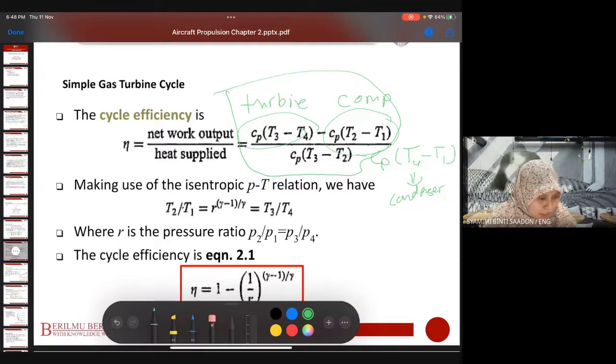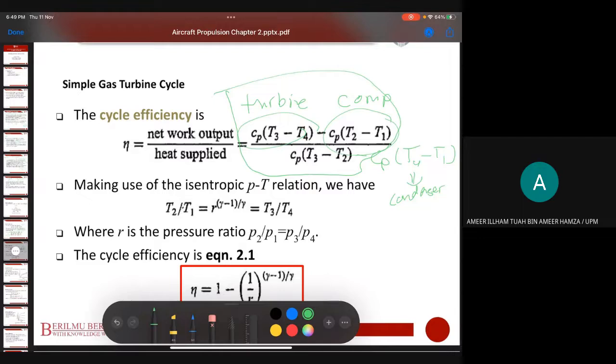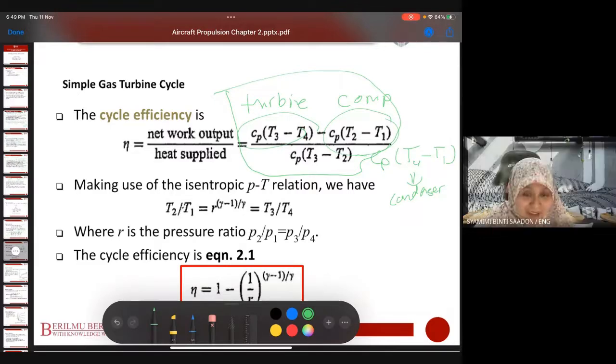Another one, making use of the isentropic P-T relation. So we want to link this temperature, because we know the temperature at each point of the cycle. This Cp, specific heat, is a common term. You cannot take it out, it's different for different heat.